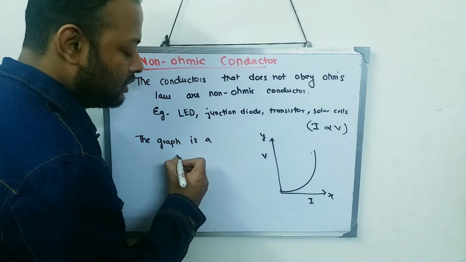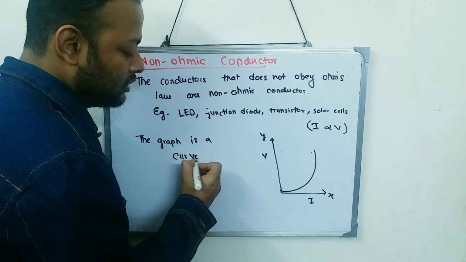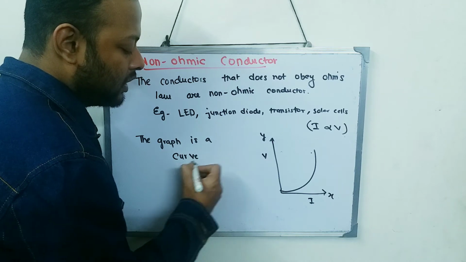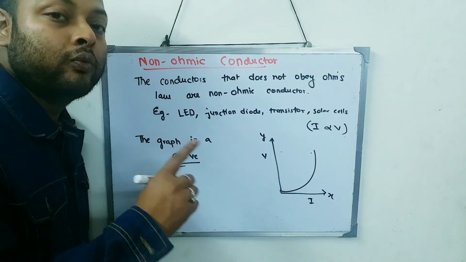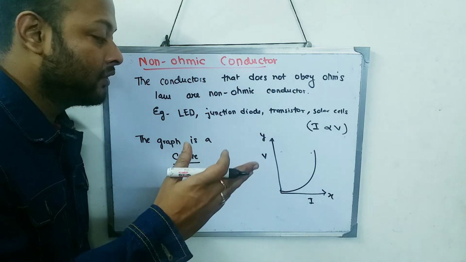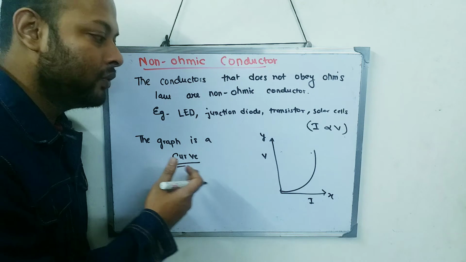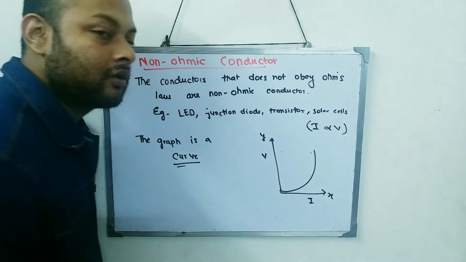So for an ohmic conductor we have a straight line, and for a non-ohmic conductor we have a curve.